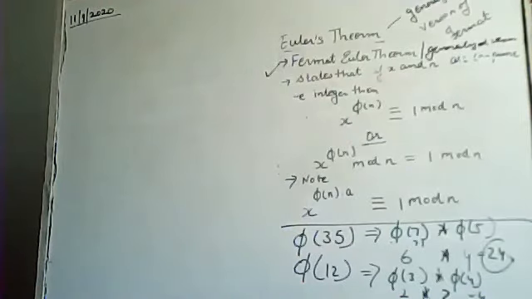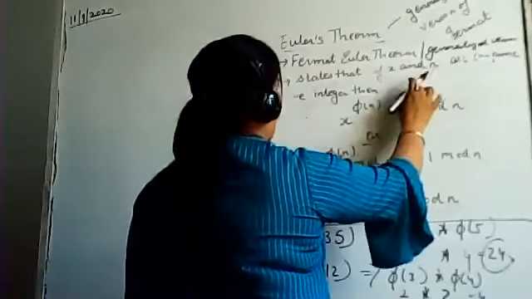Now, what it states is that if x and n are co-prime.